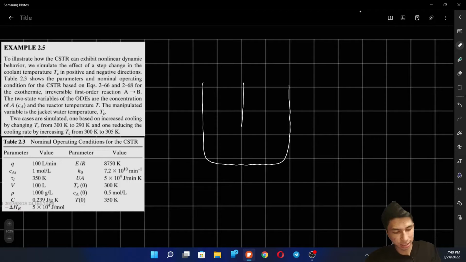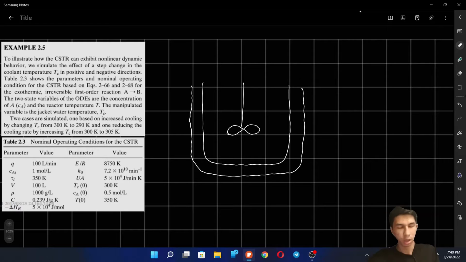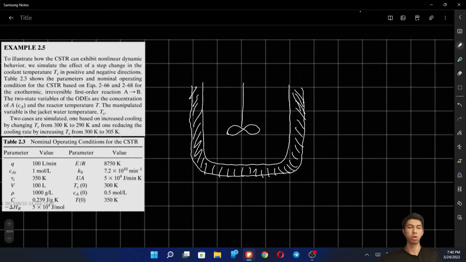As it's continuously stirred, there's going to be something like a propeller that stirs it all the time, and we're going to have a cooling jacket with cold water. We don't know if the reaction is going to be exothermic or endothermic. So this cooling jacket is going to provide for controlling the temperature.